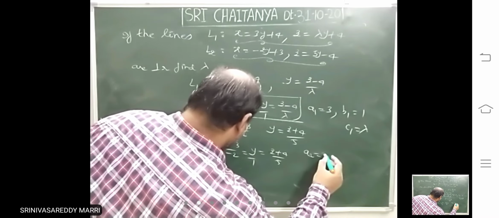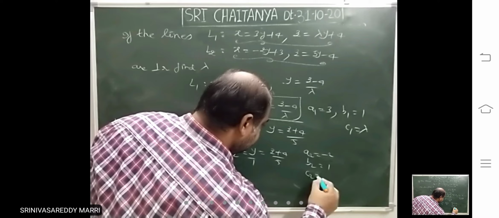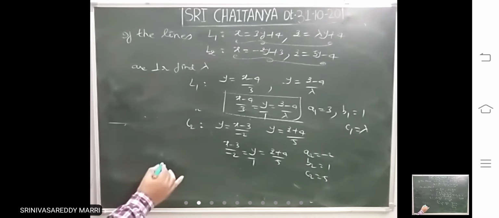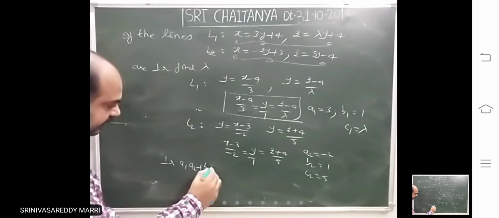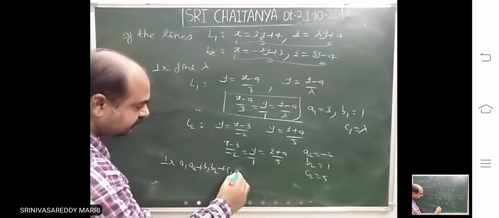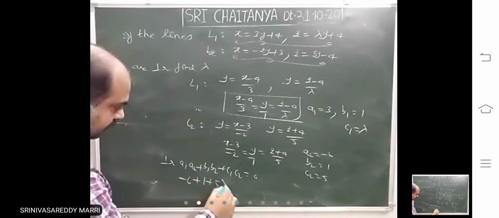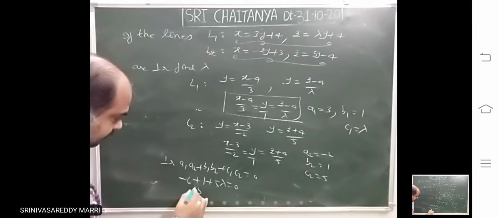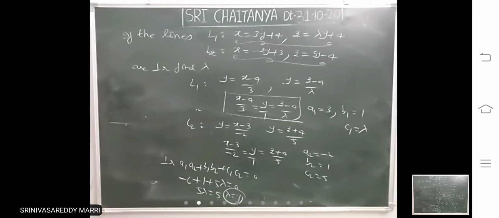So A2 equal to minus 2, B2 equal to 1, C2 equal to 5. Lines are perpendicular, so A1A2 plus B1B2 plus C1C2 equal to 0. That means minus 6 plus 1 plus 5 lambda equal to 0. So 5 lambda equal to 5, lambda is 1.